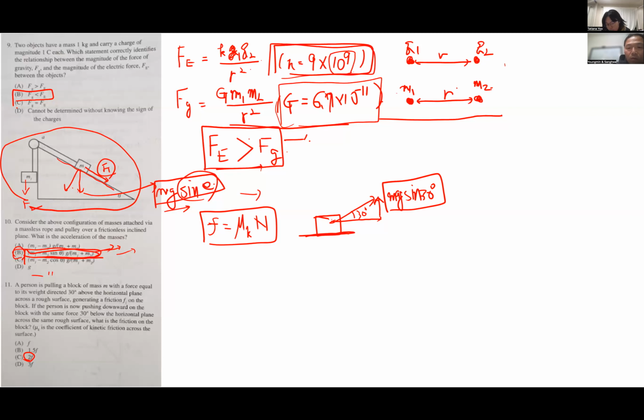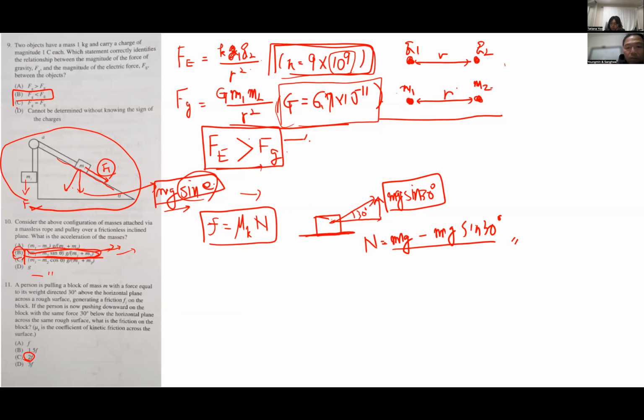So the normal force itself is mg, the gravitational force generated by this block, minus the vertical component of the external force, which is mg sine 30 degrees, right? So you have to multiply this by the static frictional coefficient.